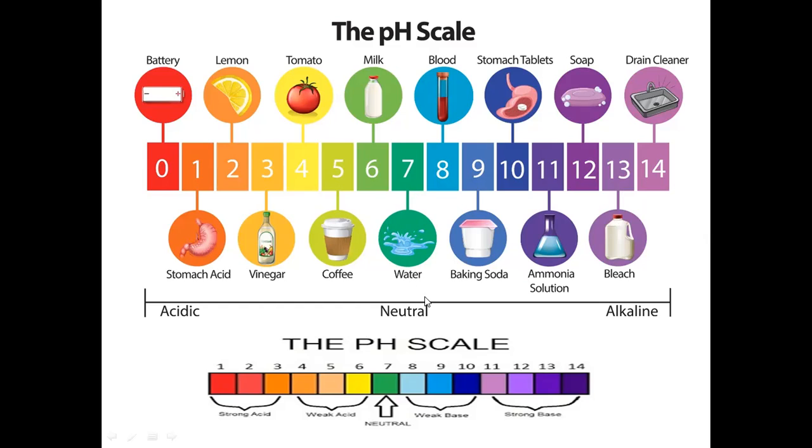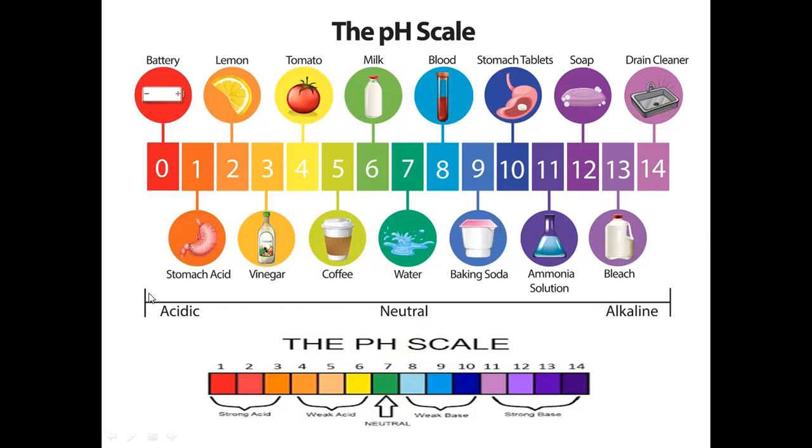If the pH is 7, this is called neutral pH. From 0 to 7, these are acids, and from 7 to 14, these are bases. So if the pH is given, you can easily differentiate between an acid and a base, and the pH scale is important for that.